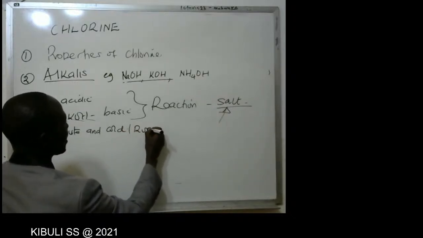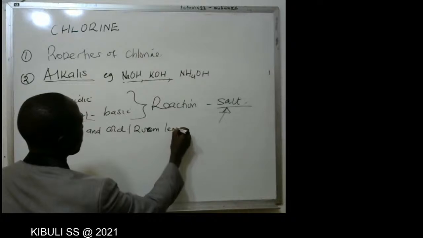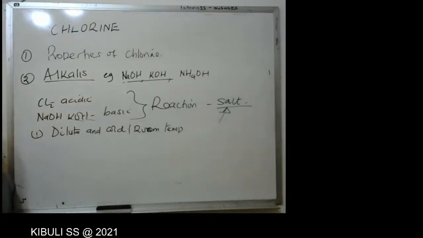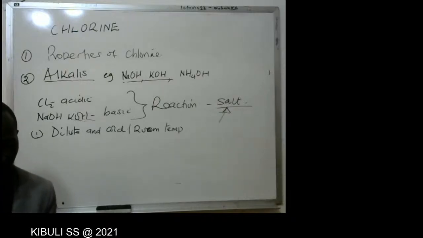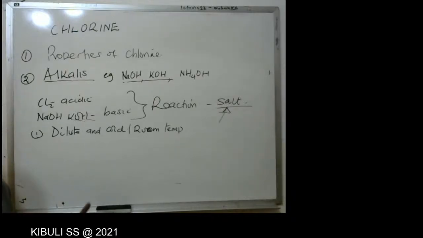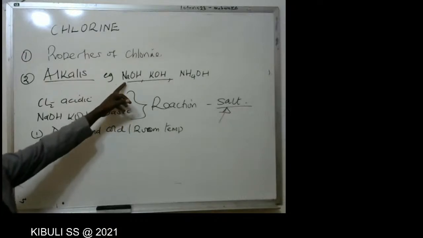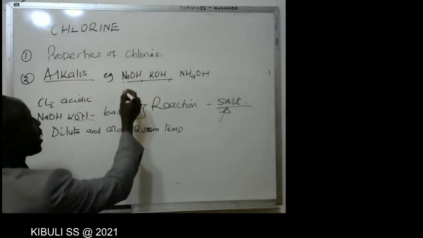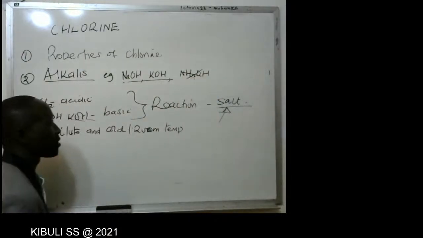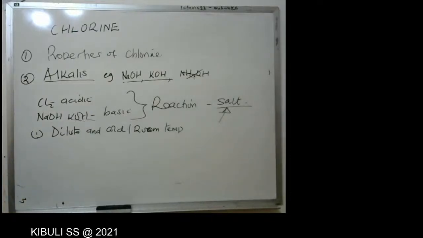So what am I saying? A reaction between chlorine and dilute sodium hydroxide at room temperature. For example, my conscience tells me my students can tell me the product. If I mention one, they can tell me the product in the other. Especially these two.